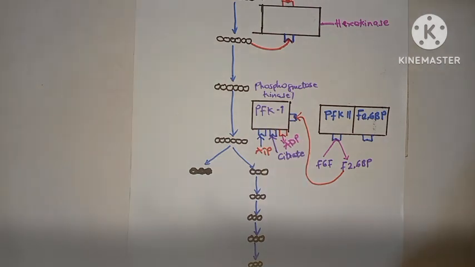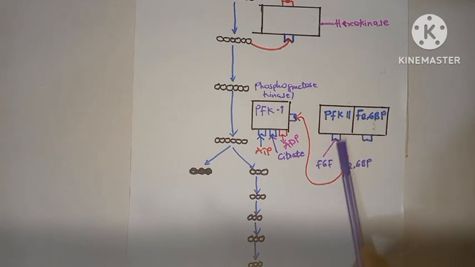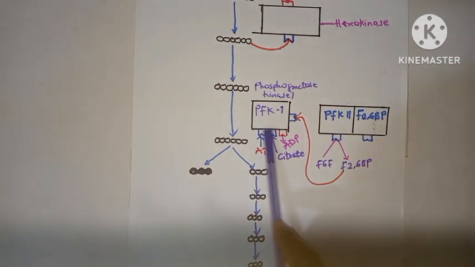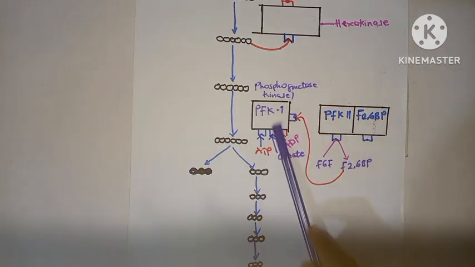The other domain of this enzyme, the fructose 2,6 bisphosphatase, converts fructose 2,6 bisphosphate back to fructose 6 phosphate. Remember that phosphofructose kinase 2 converted fructose 6 phosphate to fructose 2,6 bisphosphate, which stimulated phosphofructose kinase 1 to make more ATPs.